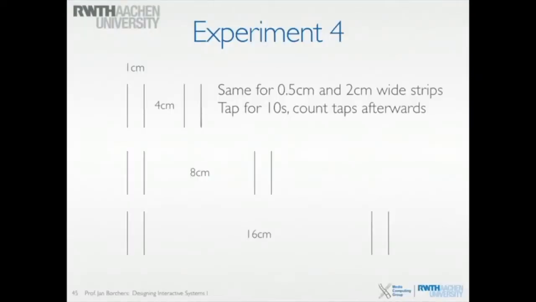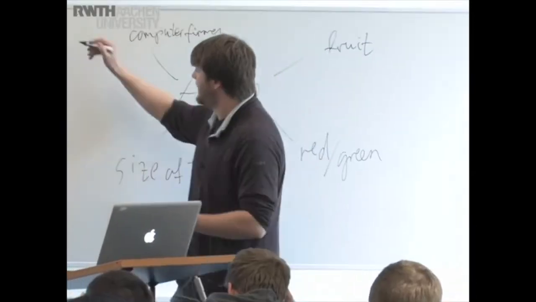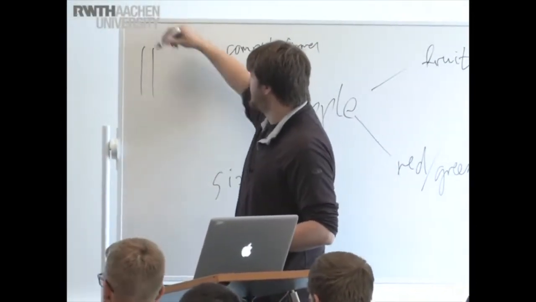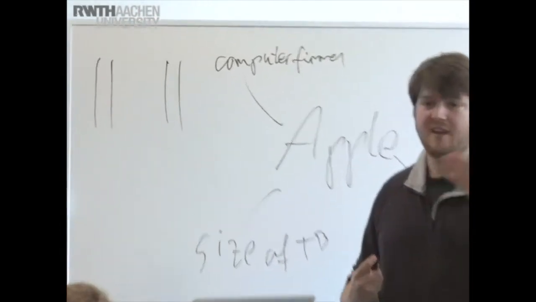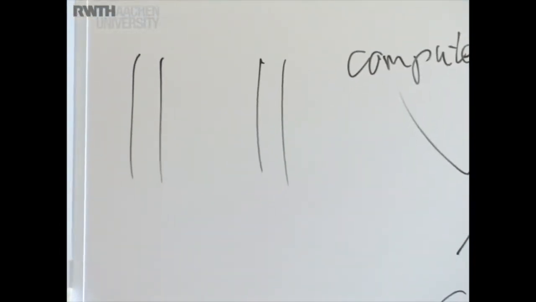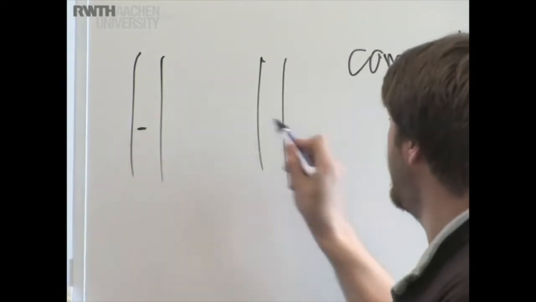On the other side of the sheet, you have a set of lines. For example, I will give you 10 seconds and ask you to tap between these lines as fast as possible.